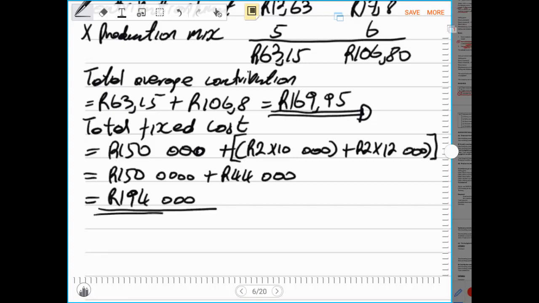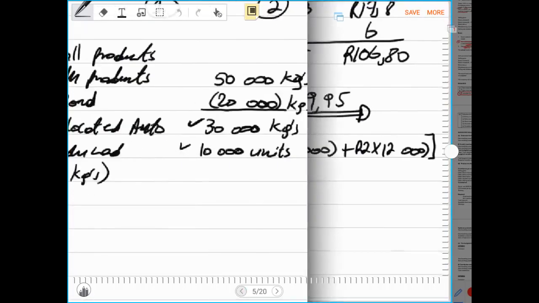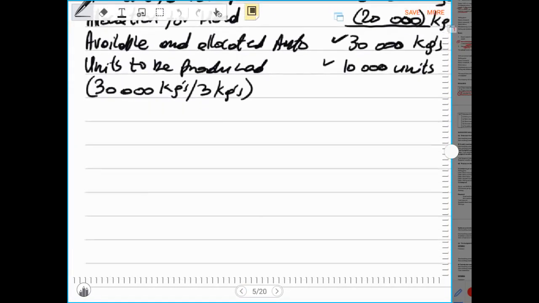So now I've calculated all my fixed cost and I've calculated my weighted average contribution per unit. These are the components of calculating the break-even point, in this case the budgeted break-even point.